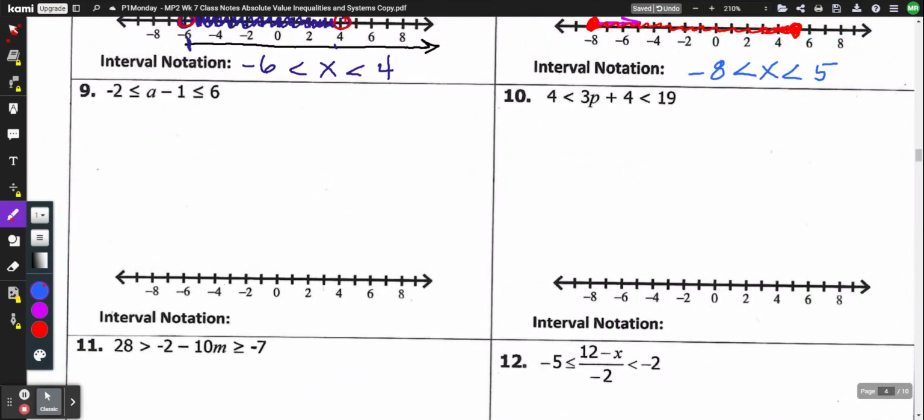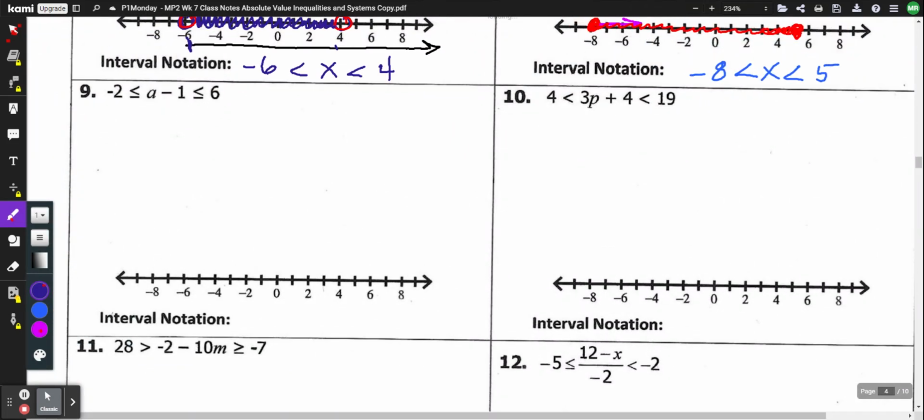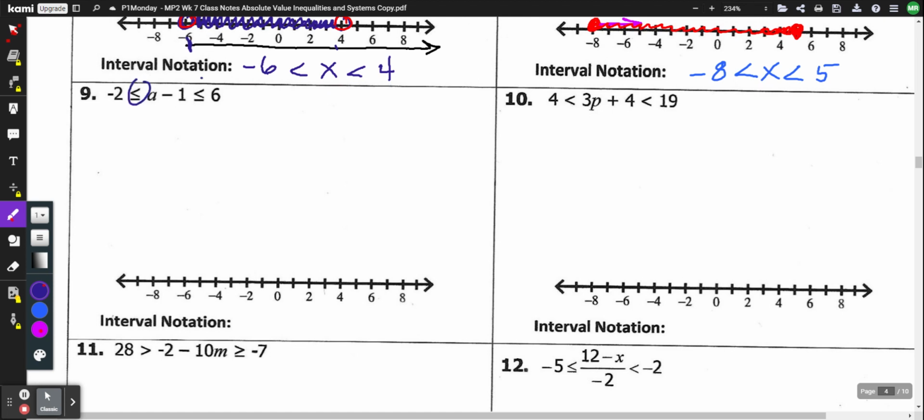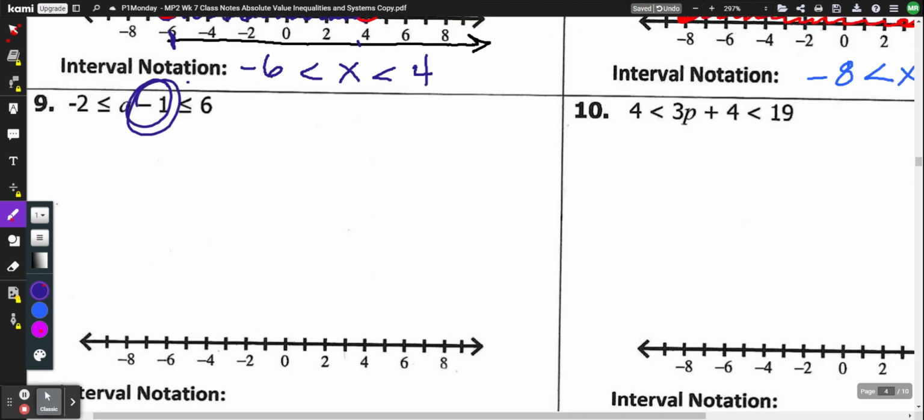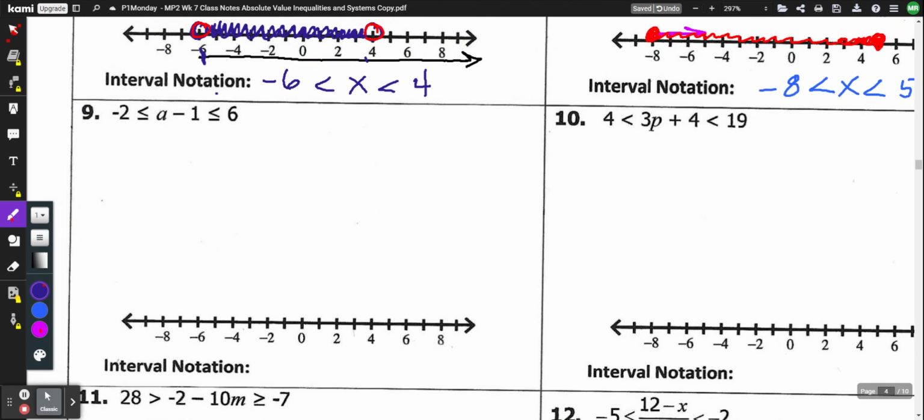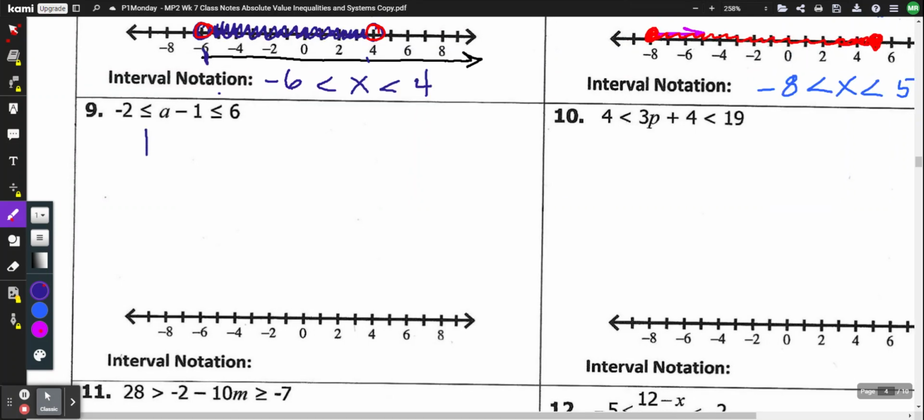I'm going to do one more example. Number 9. This one's kind of different. We already have these 2 inequalities, so it's almost like already an interval notation, but we've got this negative 1 that we have to get rid of. So on this one, we're going to draw a line under each inequality symbol. I want to get this a by itself in the middle.